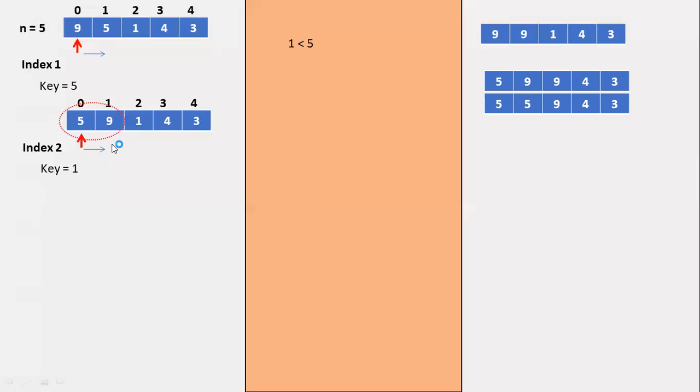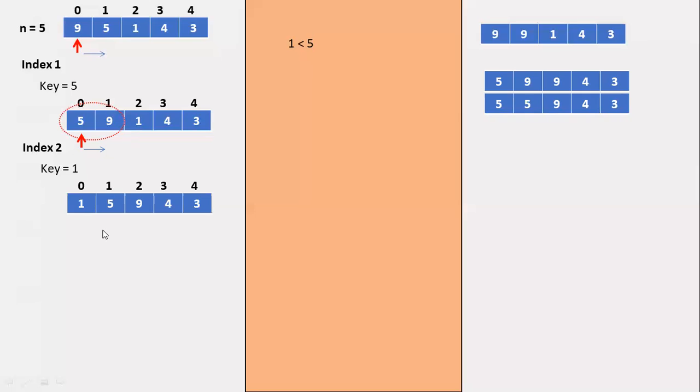No more elements to the left, so we directly replace the value of the key at index position 0. After the second iteration, the output will be 1, 5, 9, 4, 3. After the second iteration, the first 3 elements are in sorted order.